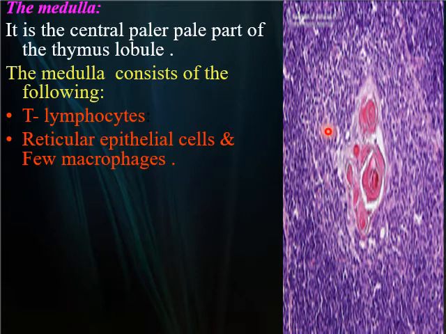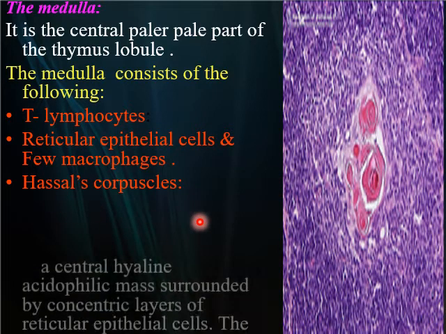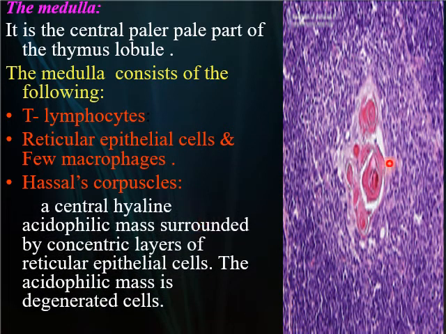This is also present in the cortex, plus what is called the Hassall corpuscle. Hassall is the name of an author. These are Hassall corpuscles, with a central hyaline. Hyaline means acidophilic, meaning it is red in color.